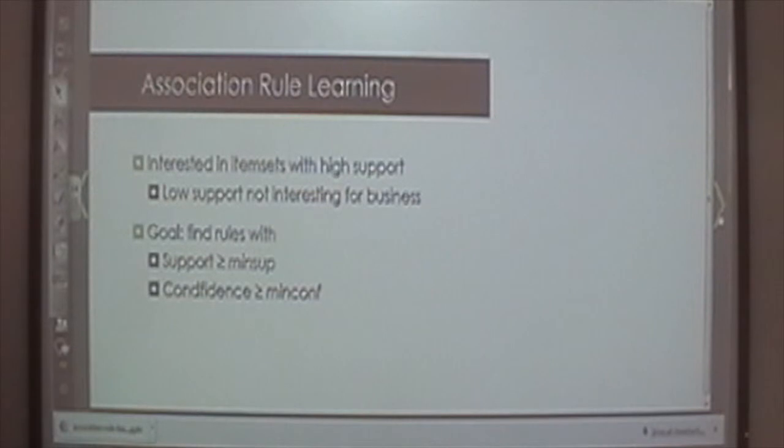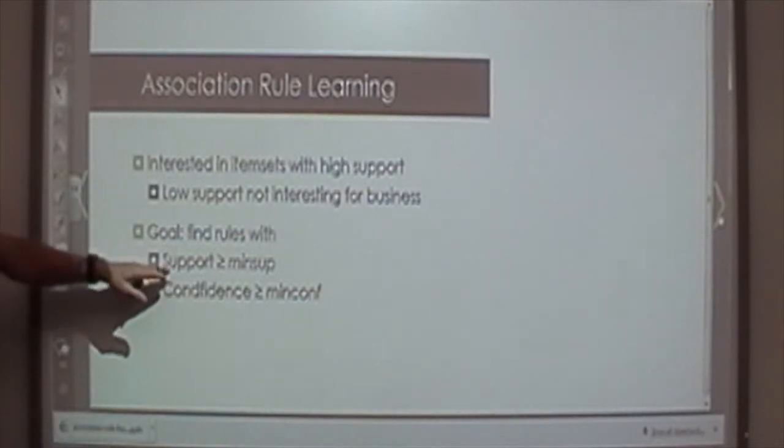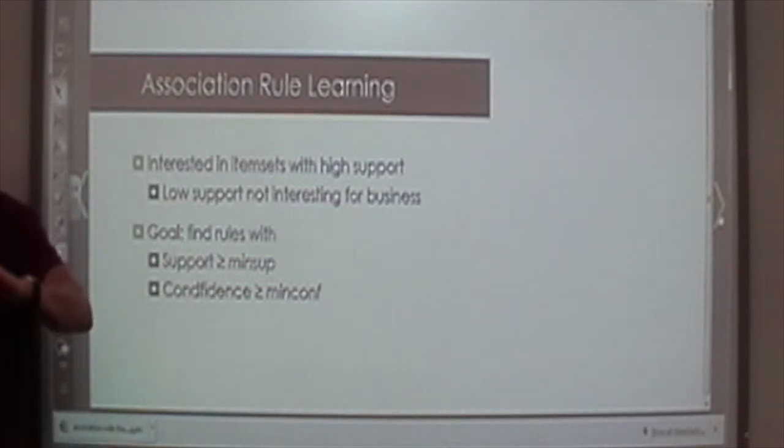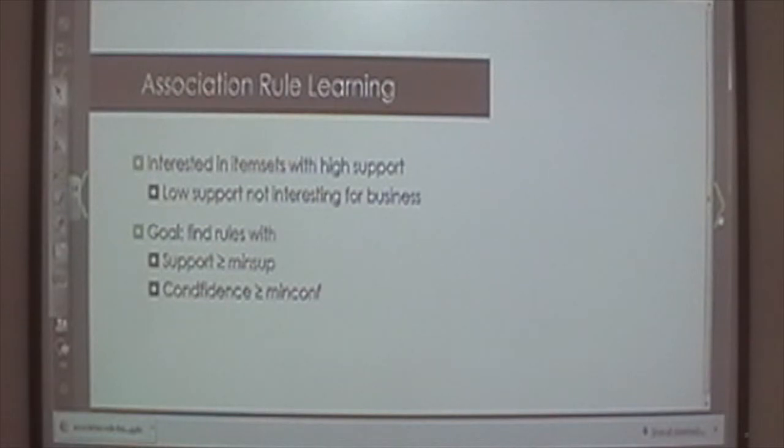You're not going to make a lot of money if you sell only 1 or 2 per year. So you want relatively high support. Our goal is to find rules, and again, this should become clearer as we go, where the support is above some minimum threshold and the confidence is above some minimum threshold as well.